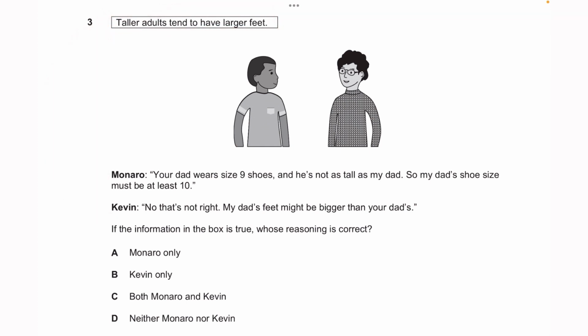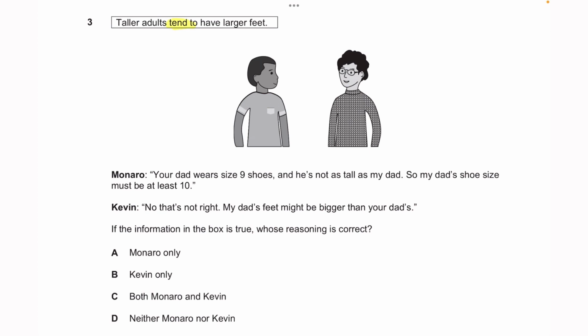The key word that I want to highlight is this word tend. Now, what exactly does the word tend mean? If we have a look very carefully, tend means incline, be apt to, or regularly or frequently behave in a particular way.